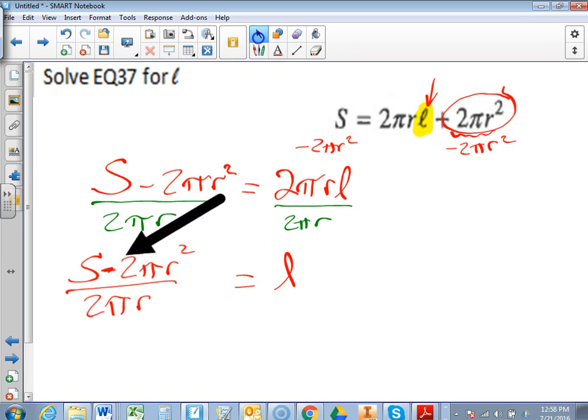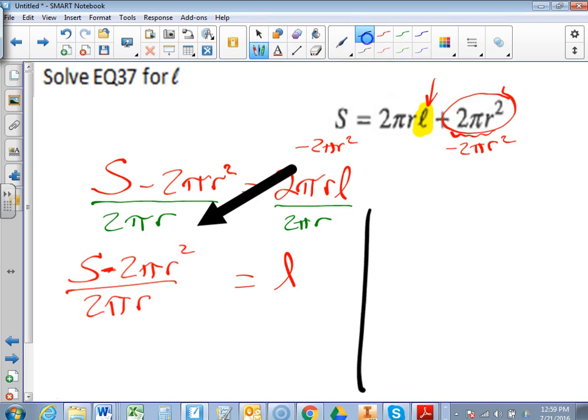Let me just say this real clearly. What I am about to do inside this box is actually incorrect. This is wrong. This is when some of you will start to think this is the way you're supposed to do it. But it's worth it to show you that this is wrong.